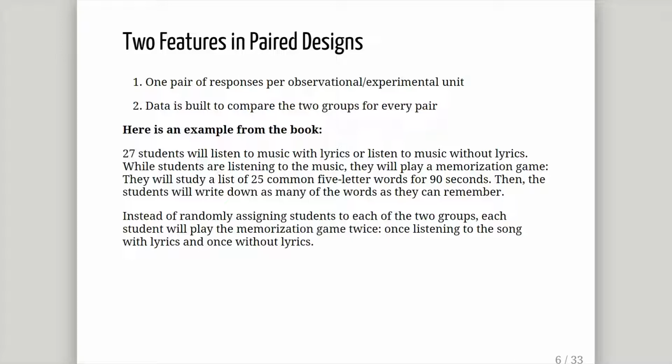So the pairs in this study will be a student's attempt playing the game with lyrics, and then the second group will be the student playing the game without lyrics. So each student is going to play the game twice, and that one student's two attempts will make up a pair, or an observational unit.